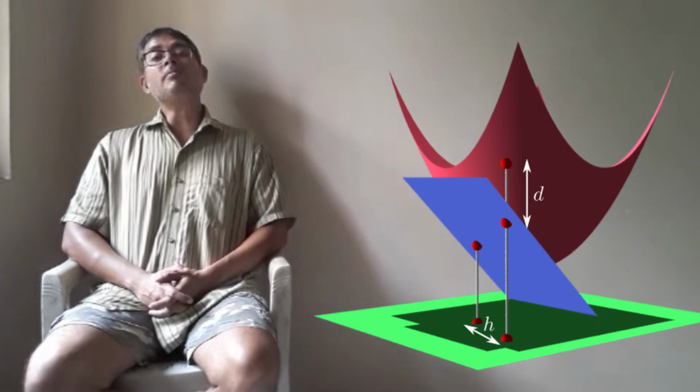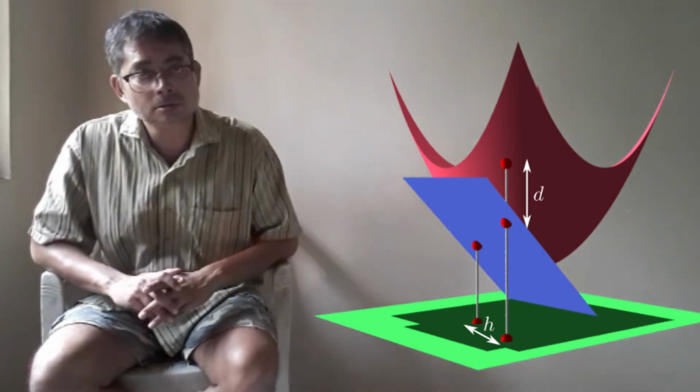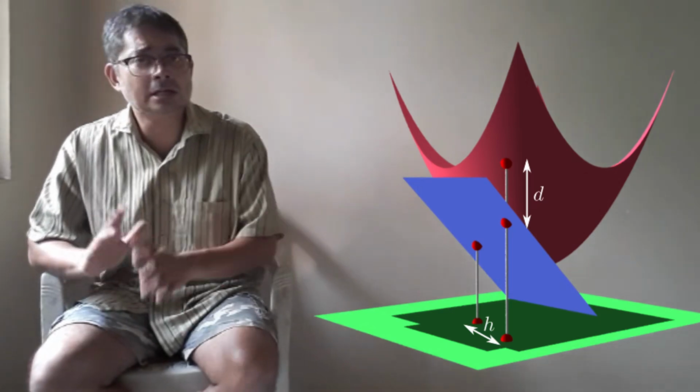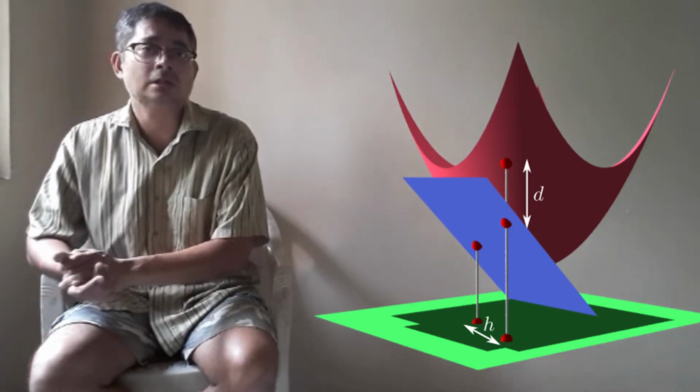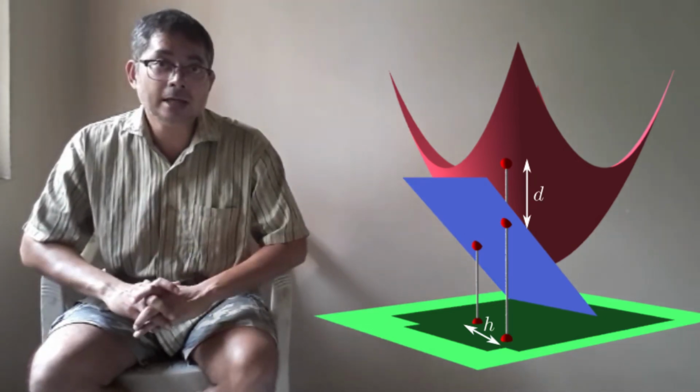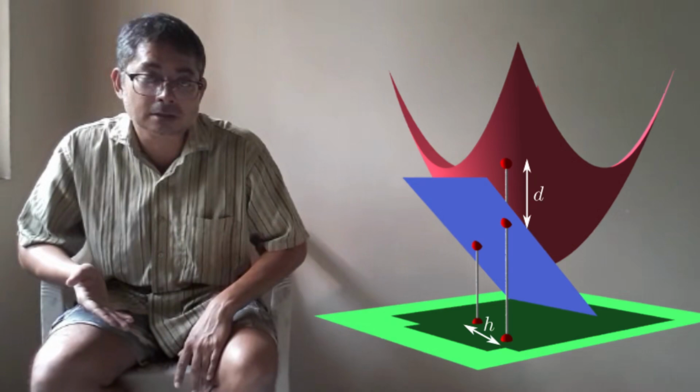Now, if we make some further assumptions which are analogous to assuming existence of second order derivatives of the function, I am not going to go into the details, then you can make an even stronger statement.